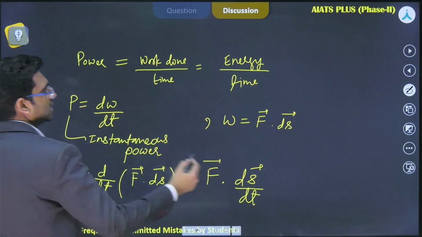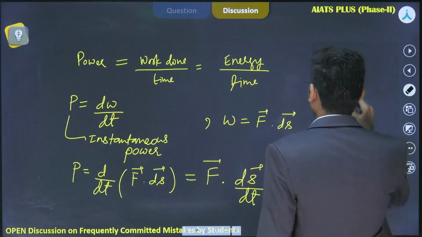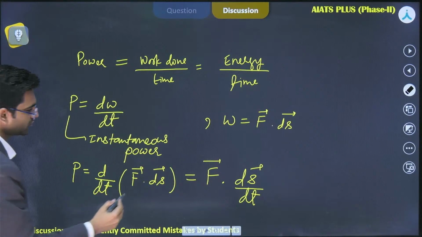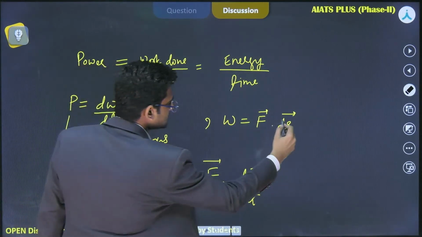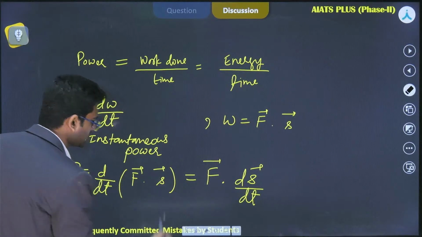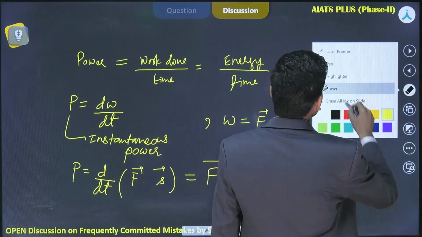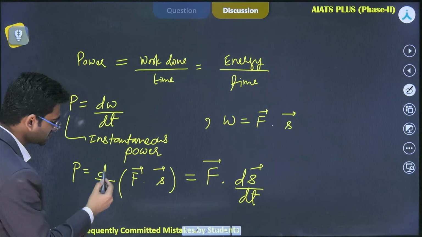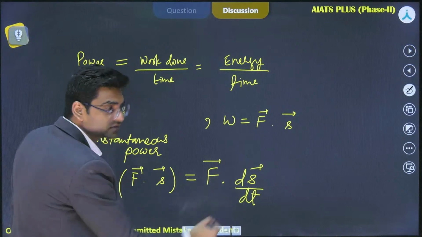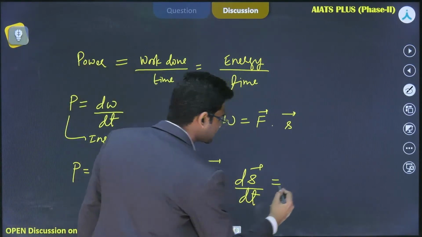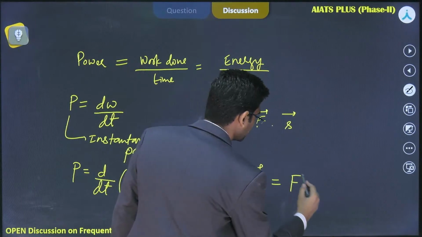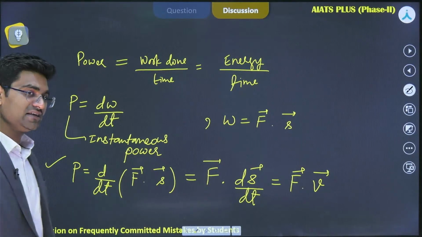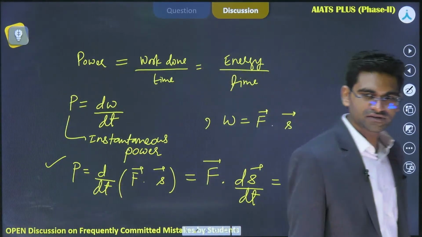Here ds is a small displacement. I had written a d here by mistake. And what is ds by dt? That is equal to velocity, right? So this is F dot v. This is power. So instantaneous power is equal to F dot v.